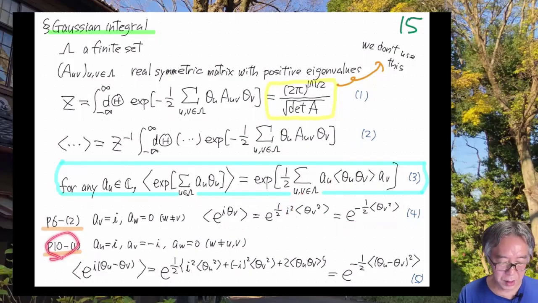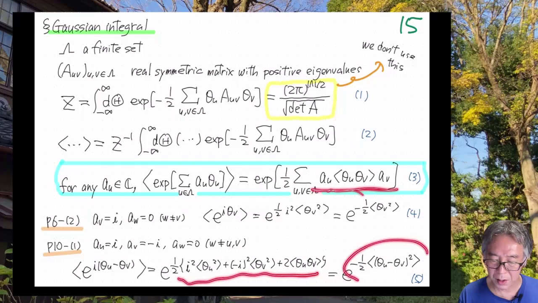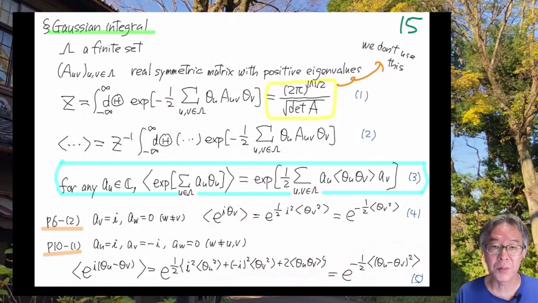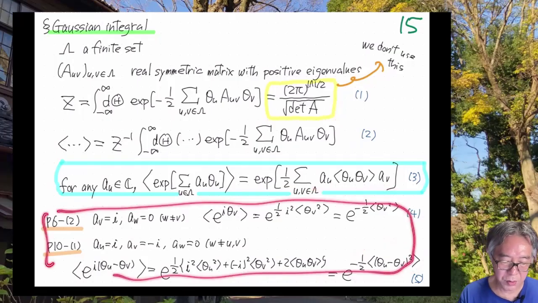For this other thing, I fix U and V and set AU to be I and AV to be minus I, and AW equals 0 for other W. Then the left-hand side is this, and you just carefully compute the right-hand side, and you find it has the precise form that I mentioned. So this proves these useful equalities.